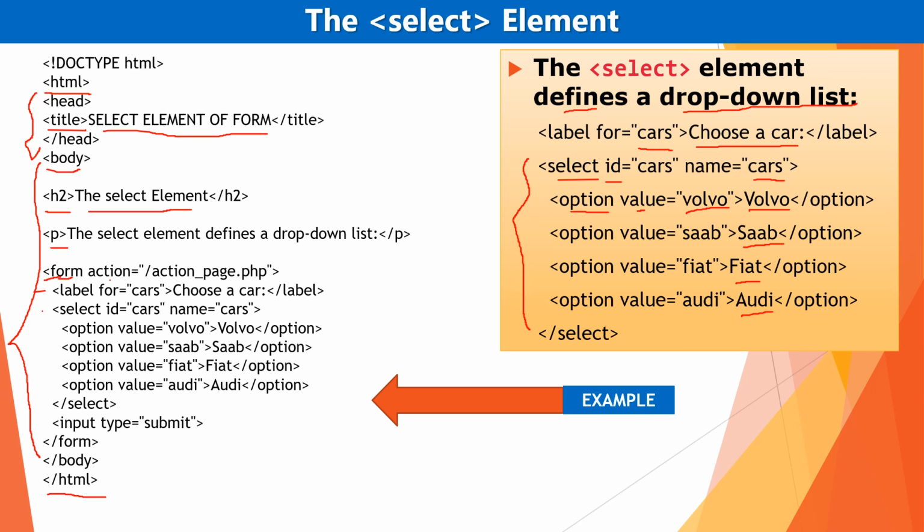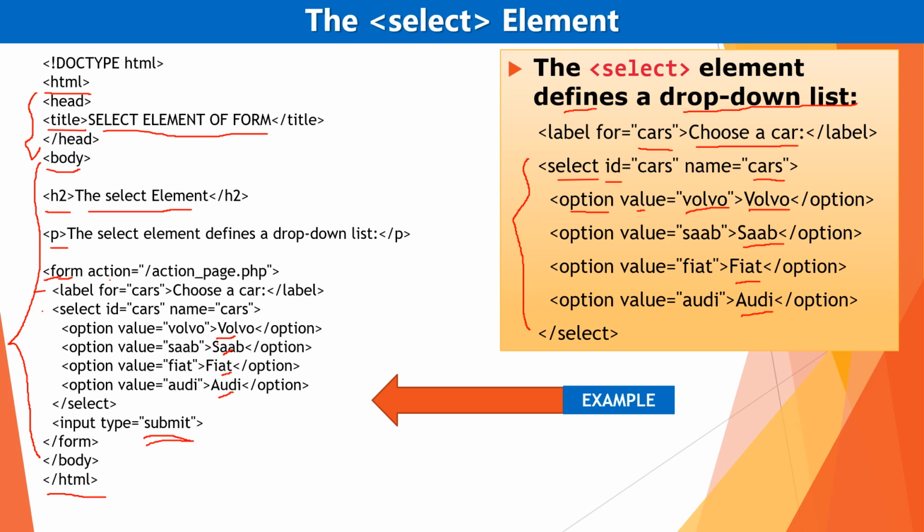The label will show cars, so you can choose a car in the drop down list, and the drop down list will show 4 different option values: Volvo, Saab, Fiat and Audi cars. And at the last there is an input type, a submit button. This submit button will take the drop down list value and submit it to the form element. So that will be the answer which will be rendered towards the form element.